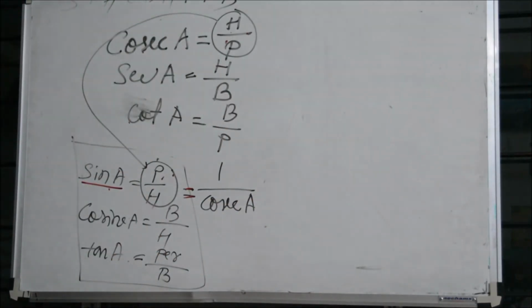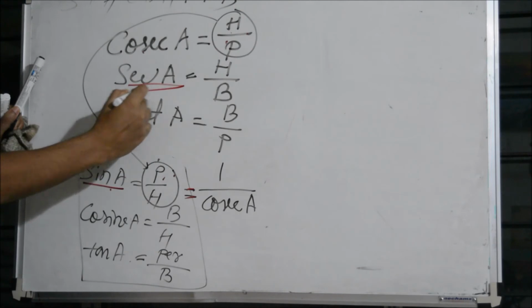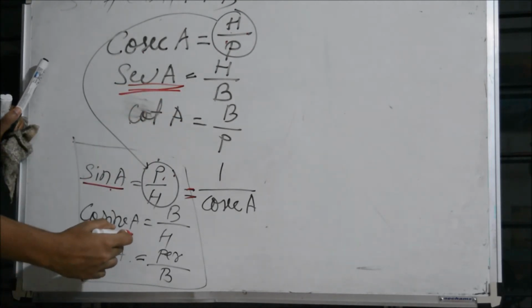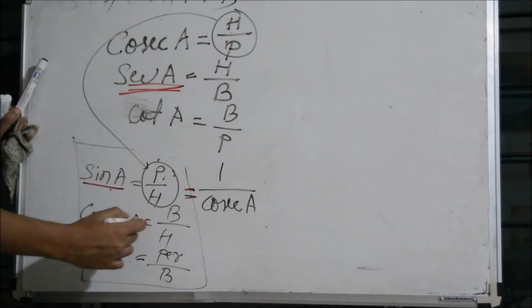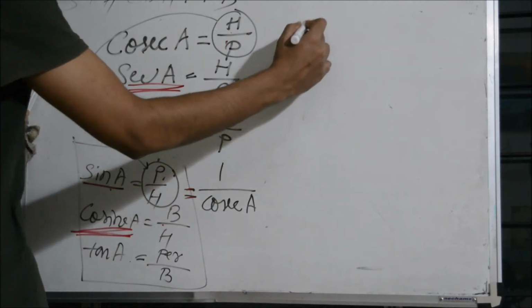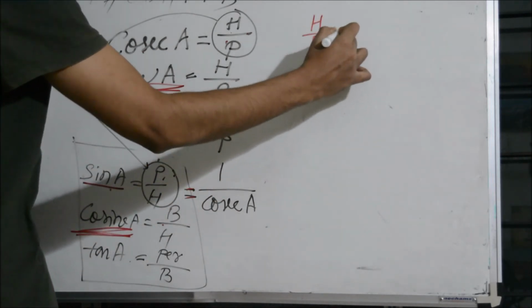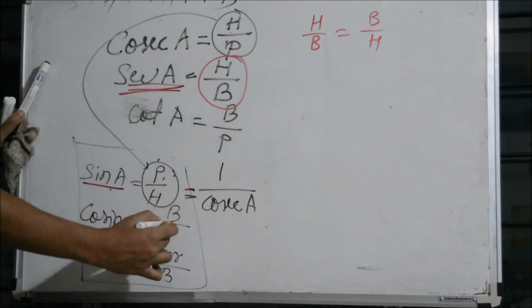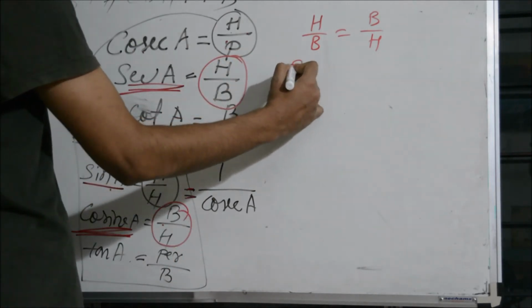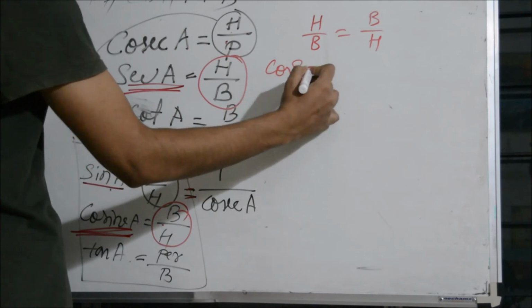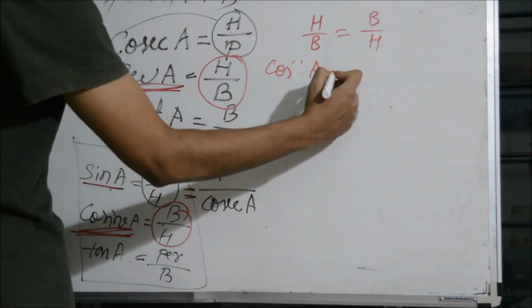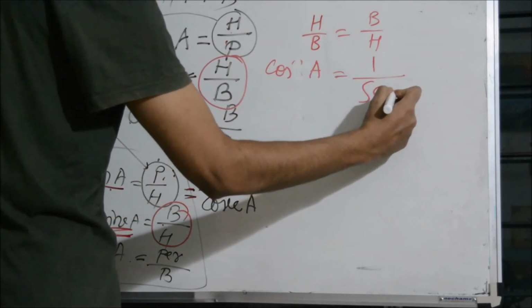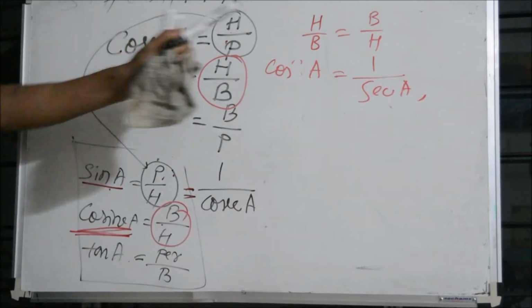Similarly, if we see sec of angle A with cosine of angle A, then we get H by B here, and here we have B by H. That means cos of angle A is equal to 1 by sec of angle A. They are reciprocals, right?